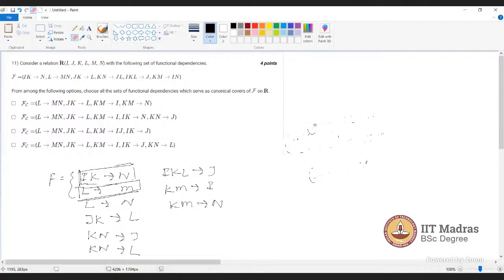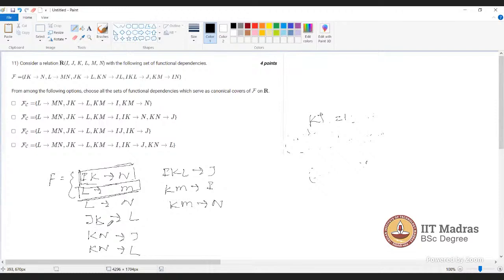Then JK determines L. So find whether J is an extraneous attribute or not. So find K closure. What will we get for K closure? K only. So K is not an extraneous attribute. So J is not an extraneous attribute.